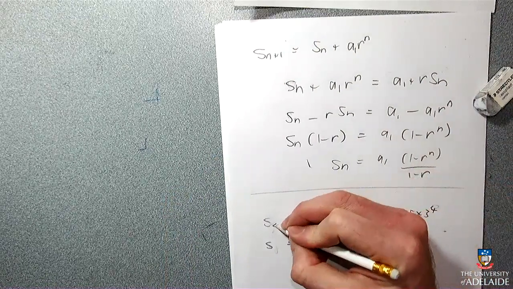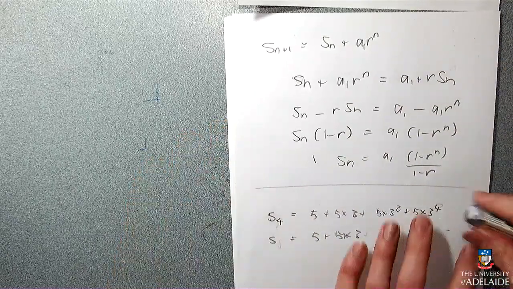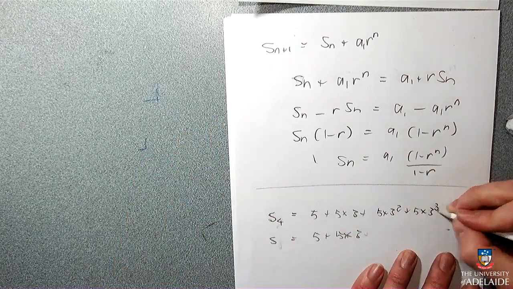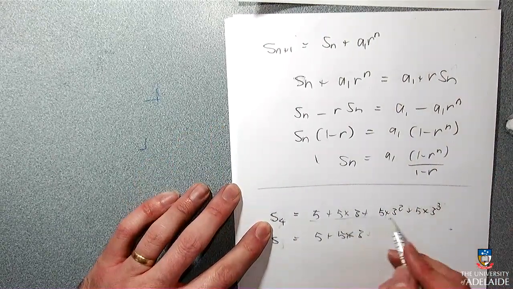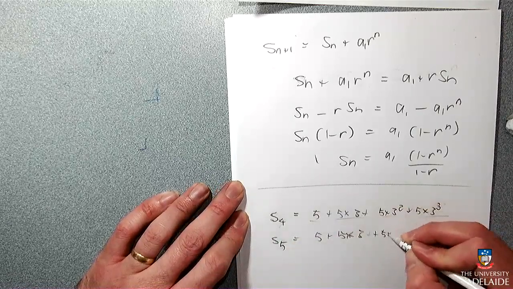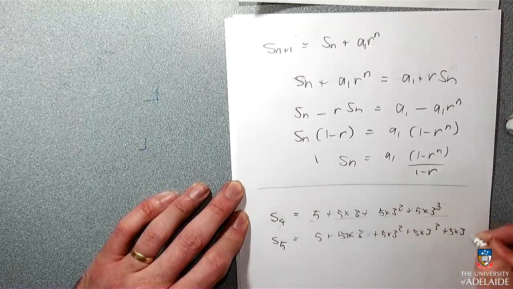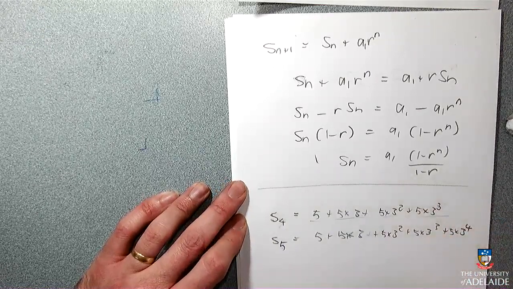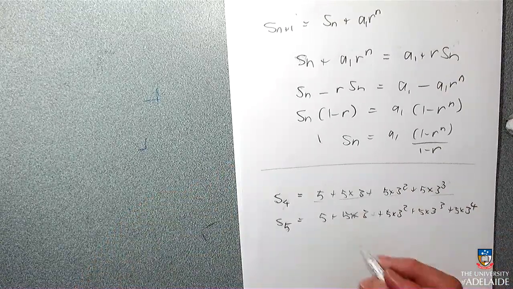Let's just go up to 4. That's a 3 here, sorry. So that's S4. It has 4 terms, 1, 2, 3, 4. And S5 would have that. And so this S5 has 2 ways of being made.